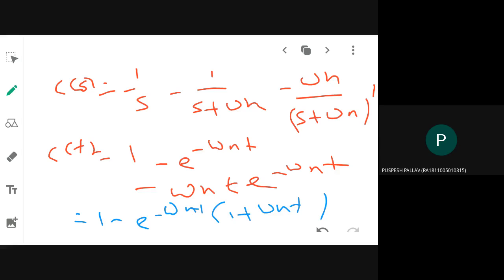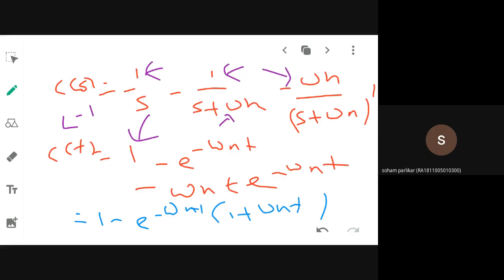So I have substituted here A as 1, B as minus 1 and C as minus omega n. The next step is I want C of t, so I will be taking inverse Laplace transform. If I take inverse Laplace transform of 1 by s, what will be the answer? It will be 1. This is 1 by s plus a format, so you will be getting e power minus at. So here, instead of a, I have to substitute omega n.